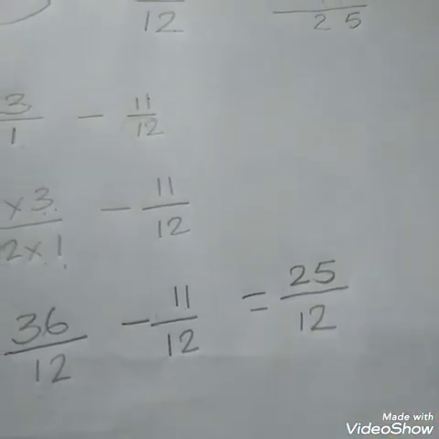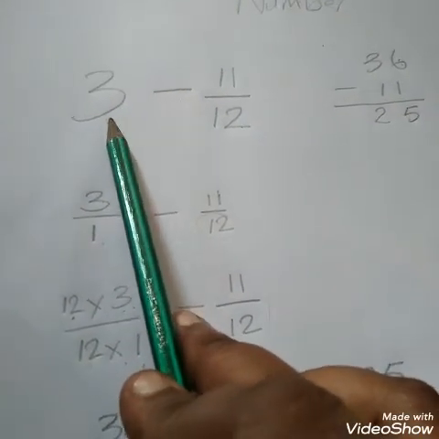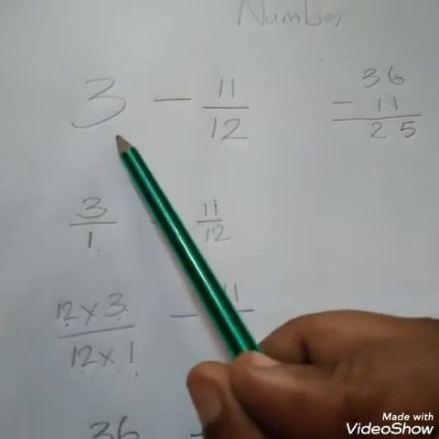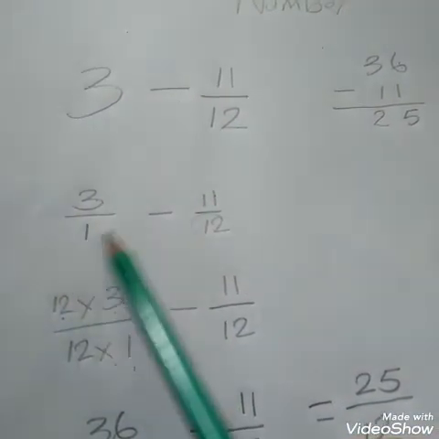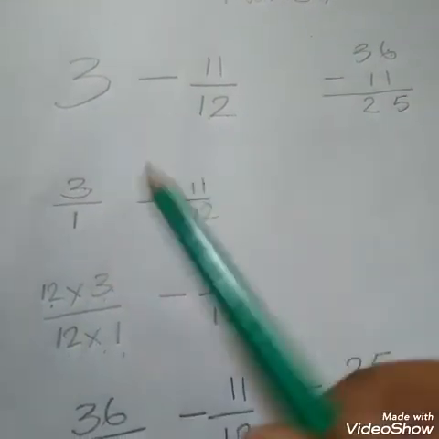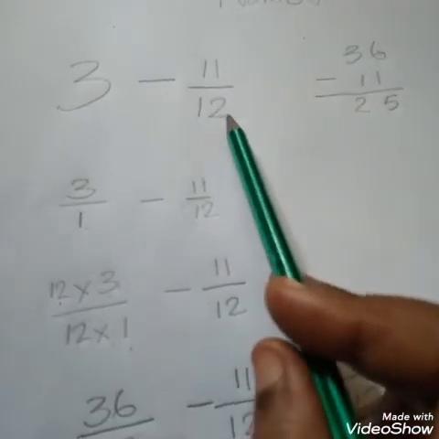Alright. So remember, we start from here, 3, a whole number, subtracting a fraction from a whole number. So we first turn the whole number into a fraction itself. So always remember, whenever we are turning the whole number into a fraction, we just put it over 1. Then we write back the same fraction that we had.